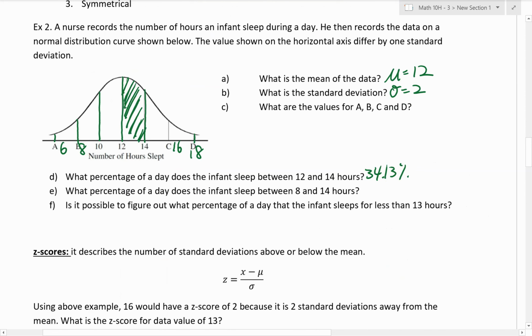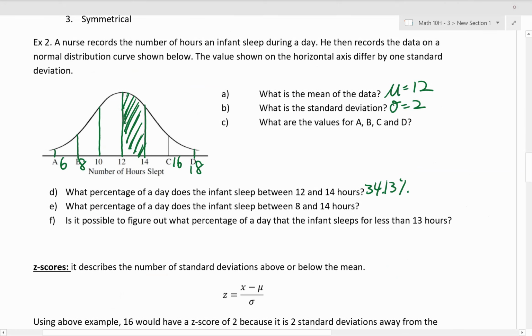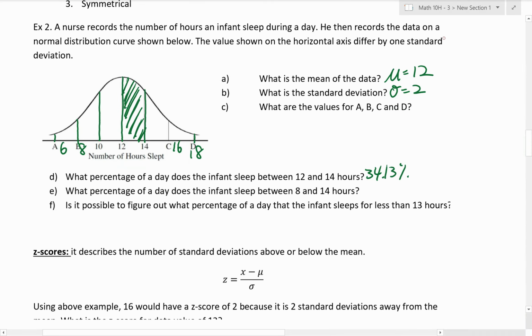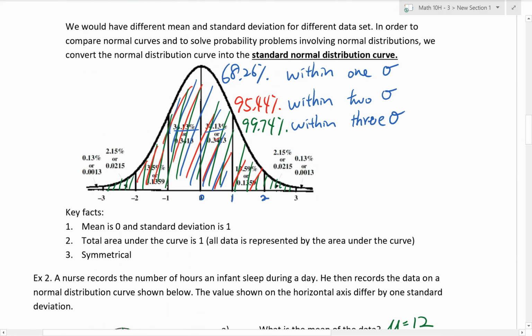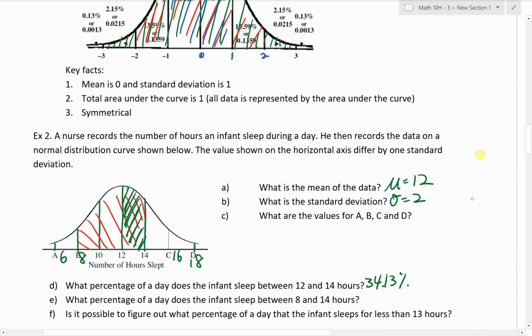Part E says, what percentage of a day does an infant sleep between 8 and 14 hours? So in this case, we are looking at 8 to 14, so we're looking at this area. If you go back to the top, within 1 standard deviation is 68.26, and we just need to add another 13.59.